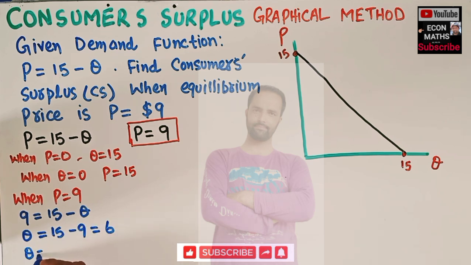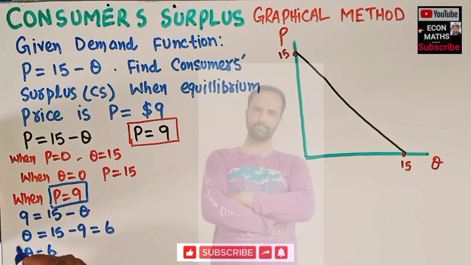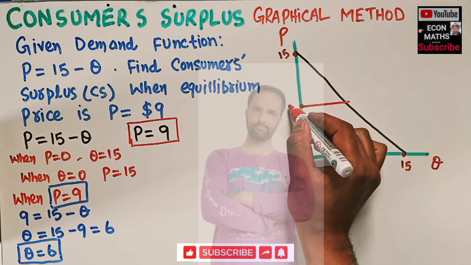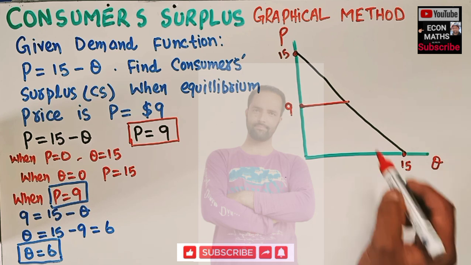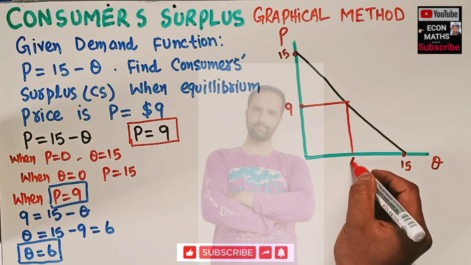So when P is equal to 9, quantity demanded is equal to 6. Let us say this denotes 9; corresponding to the price of 9, quantity demanded is 6 here.